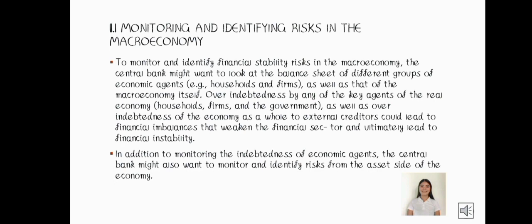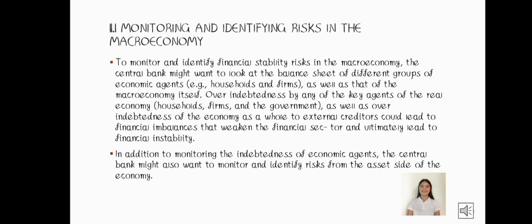Over-indebtedness by any of the key agents of the real economy, households, firms, and the government, as well as the over-indebtedness of the economy as a whole to external creditors, could lead to financial imbalances that weaken the financial sector and ultimately lead to financial instability.